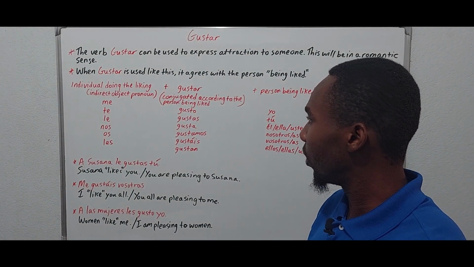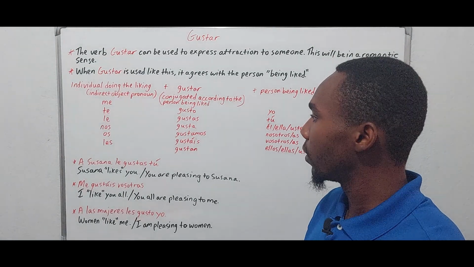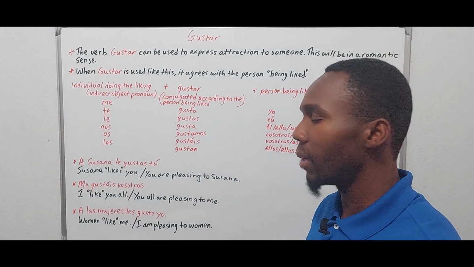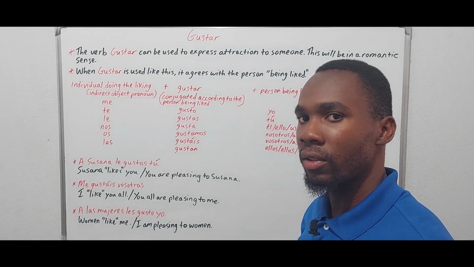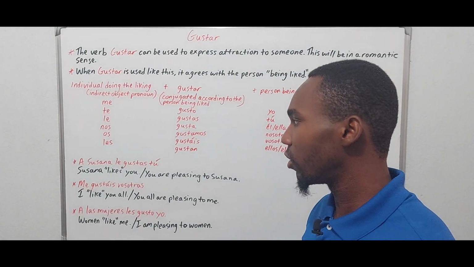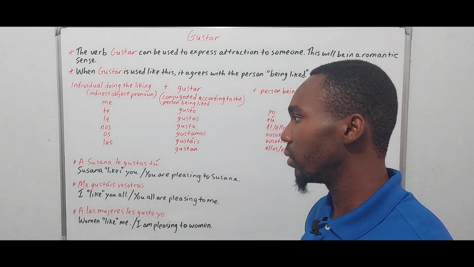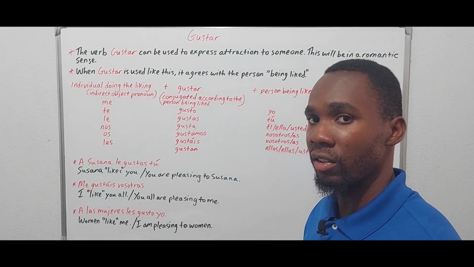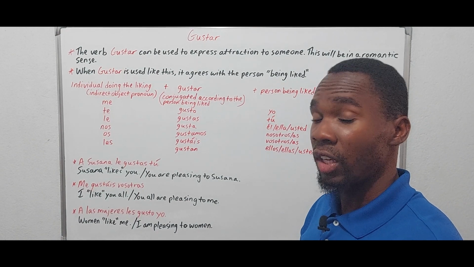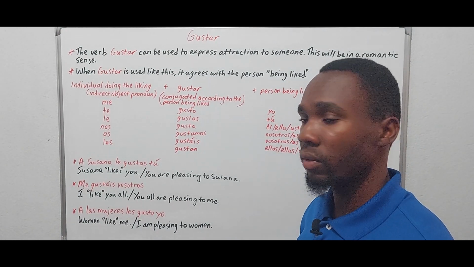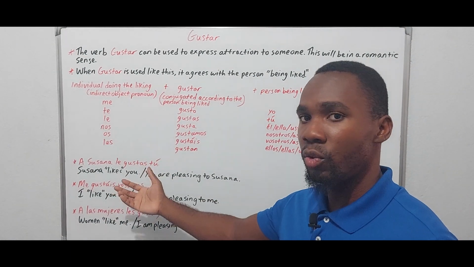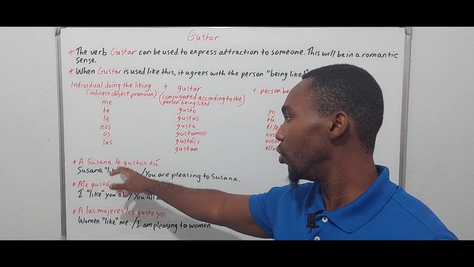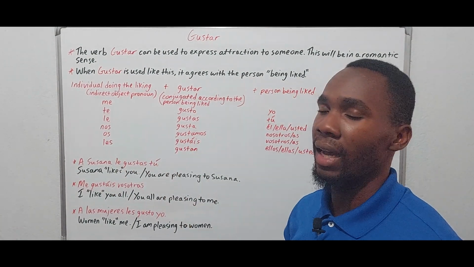Right. So let's look at some examples. A Susana le gustas tú. Remember, when it comes to the third person, we use the prepositional phrase to add clarity because the third person, singular or plural, can be ambiguous. Okay? So to specify who we are talking about, we use a.